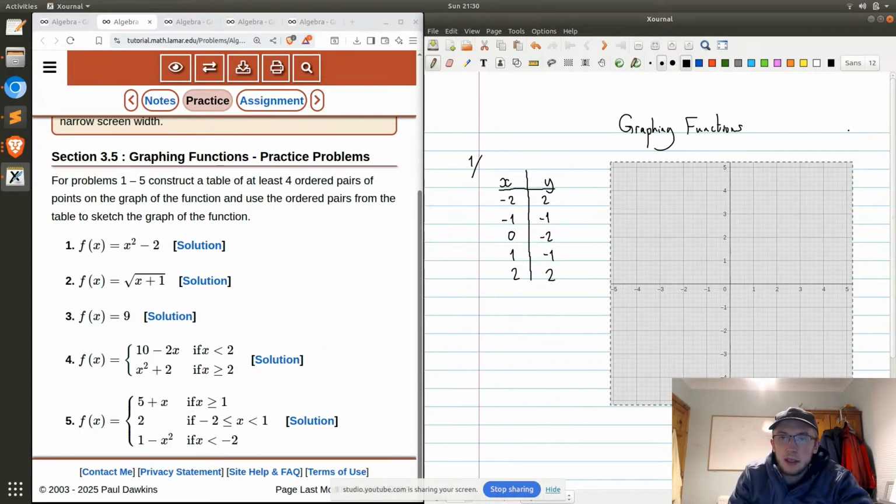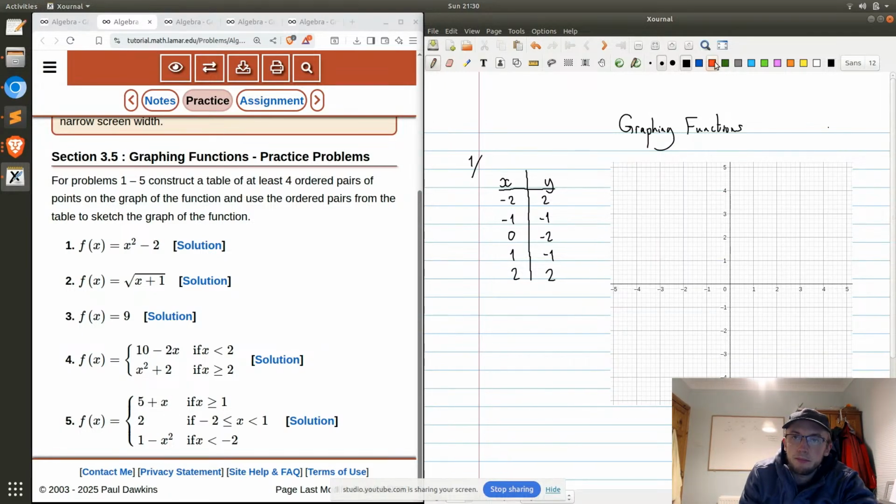And now to graph it. When graphing, consider using a different color like red, something which can sort of stand out against the black with which you made the XY plane in the first place. So here and here and here, these points will all be on the graph.